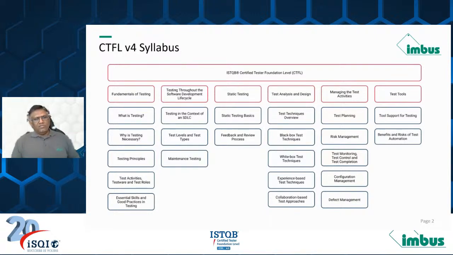If you look at the previous and the current syllabus, which has been released very recently, most of the content is still relevant, whether you are certified at version 3.1 or version 4. The concepts, the terminology, the language, the techniques are all still relevant. But are those techniques and approaches still applied in today's industry? That is where version 4 comes in.